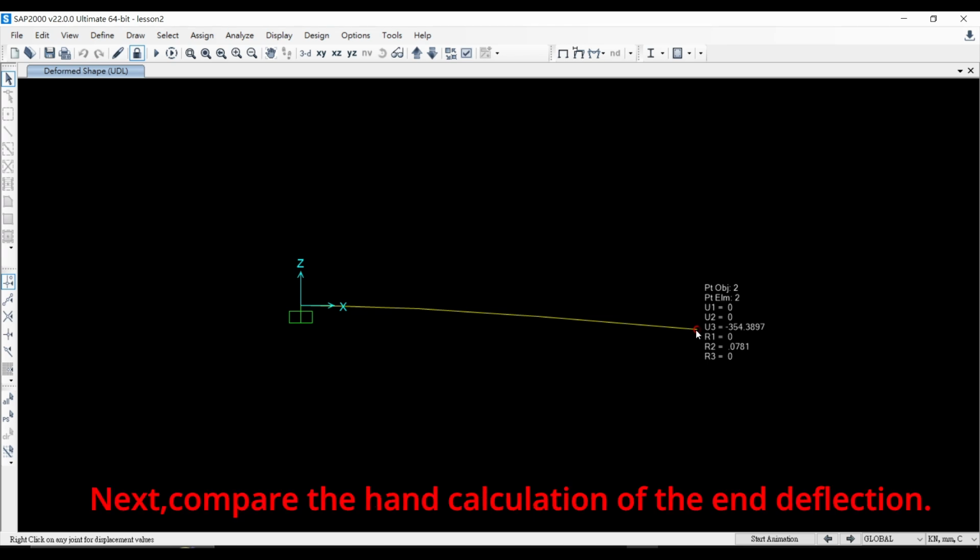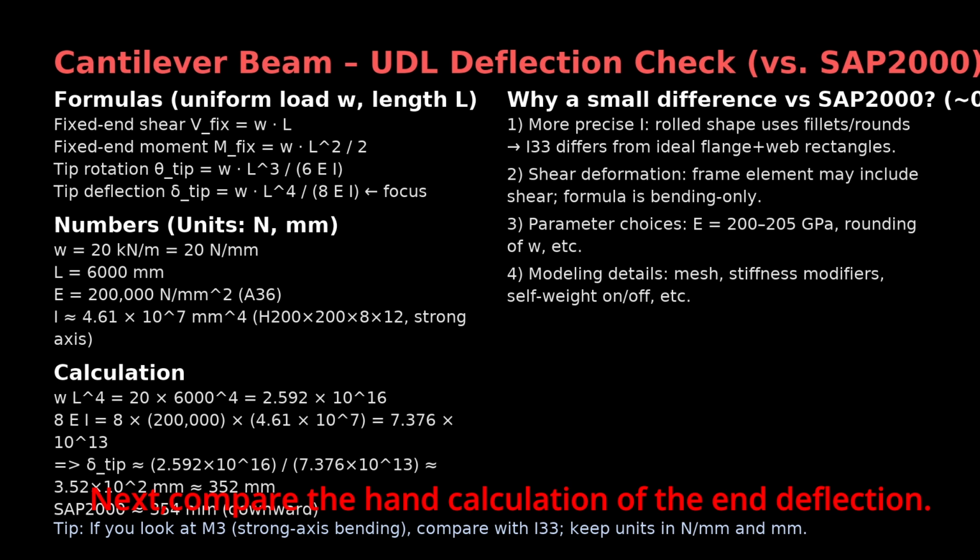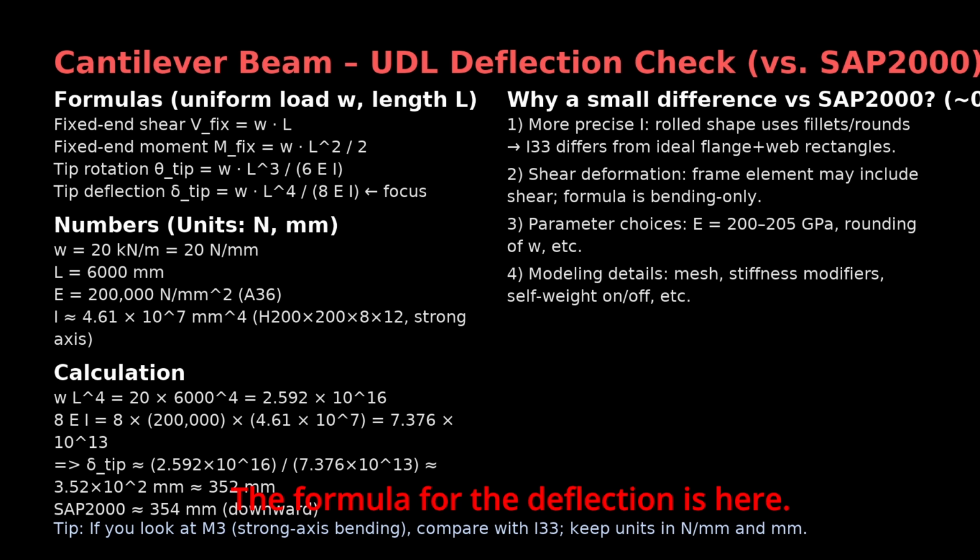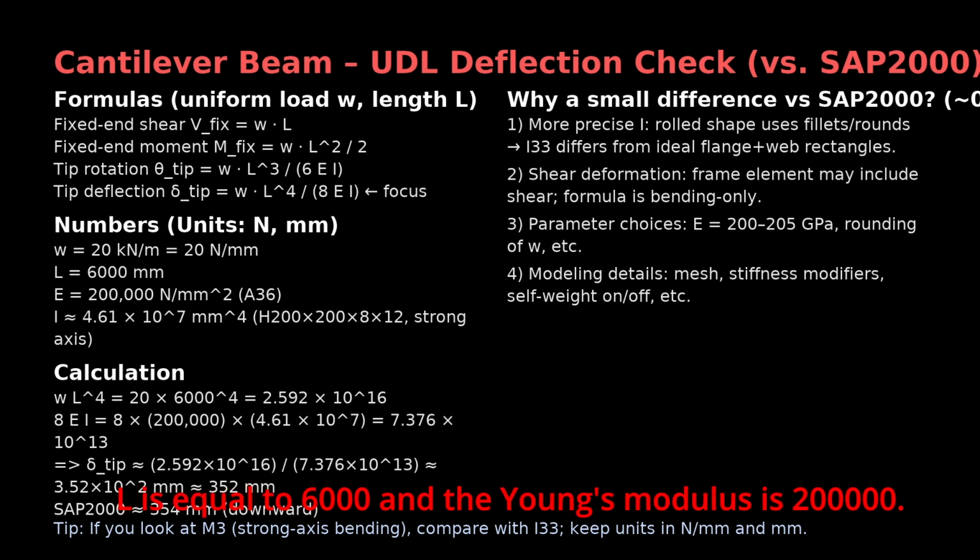Next, compare the hand calculation of the end deflection. The formula for the deflection is here. The parameter settings are W is equal to 20, L is equal to 1600, and the Young's modulus is 200,000.